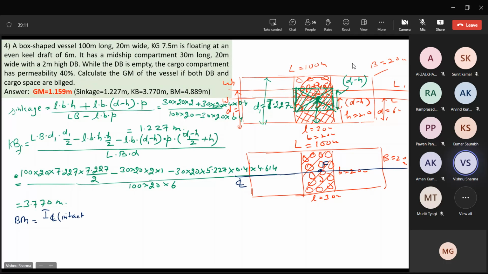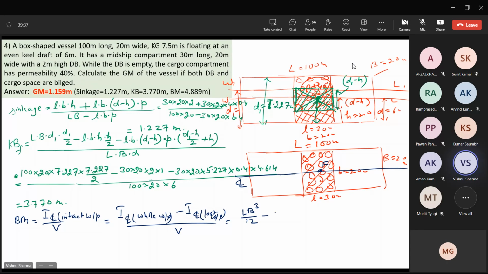I am doing the full question, all these steps, nothing more required than this, guys. BMT equals ICL of the intact water plane upon V, which is ICL of the whole water plane minus ICL of the lost water plane upon V. ICL of the whole water plane is LB cubed by 12.